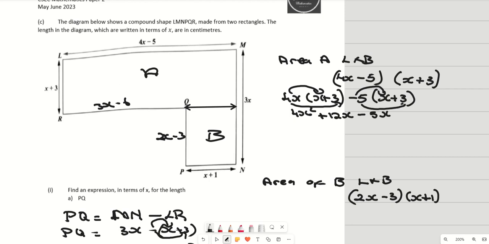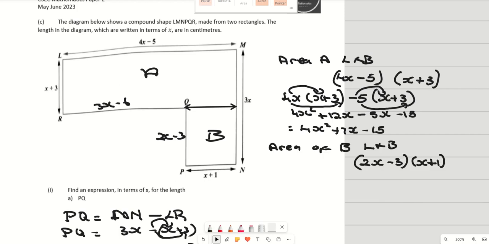And minus 5 by 3 would give you minus 15. So that would be 4x squared. 12 minus 5 is 7, that's plus 7x minus 15. Right? That is the area for A. Right? We cannot add x's and x squares. It's two completely different things, okay? That's area of A.